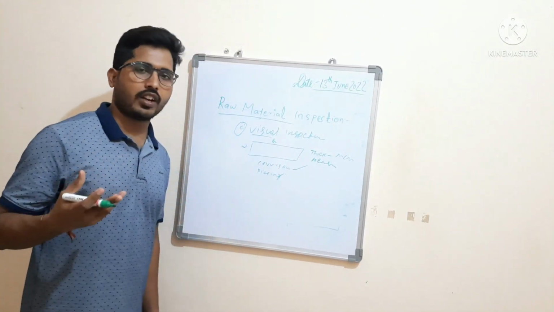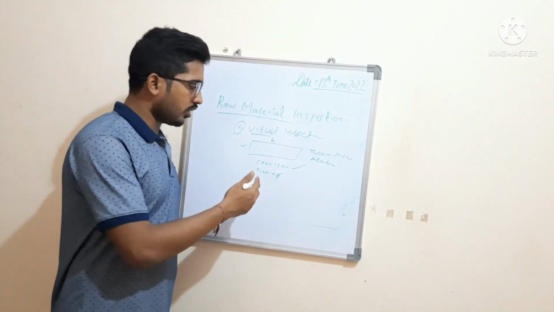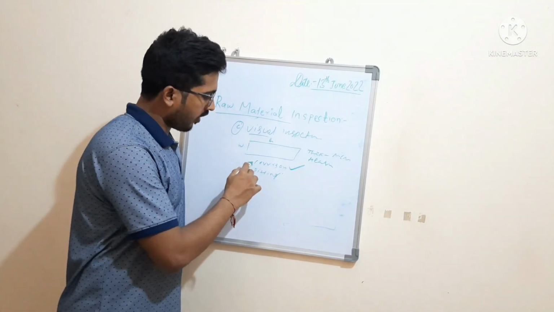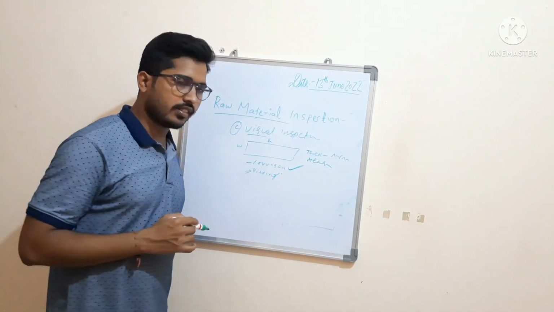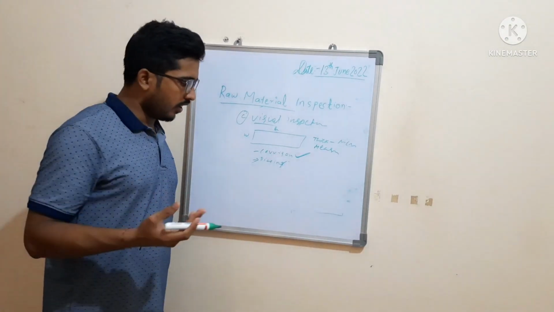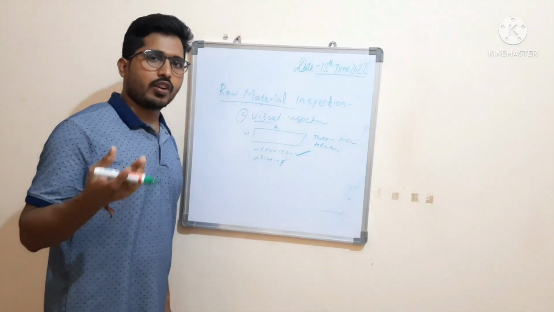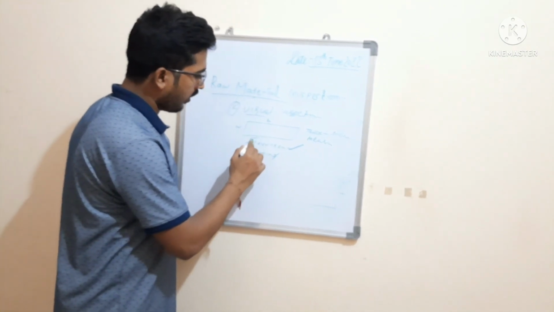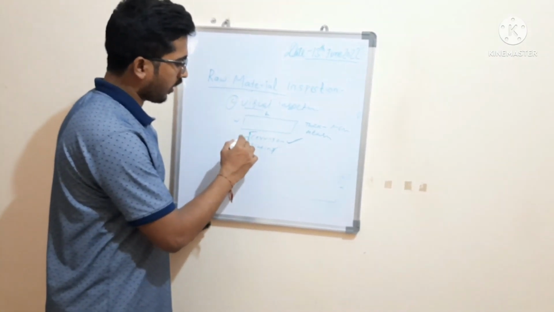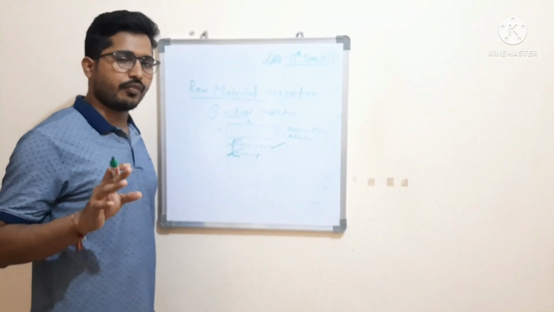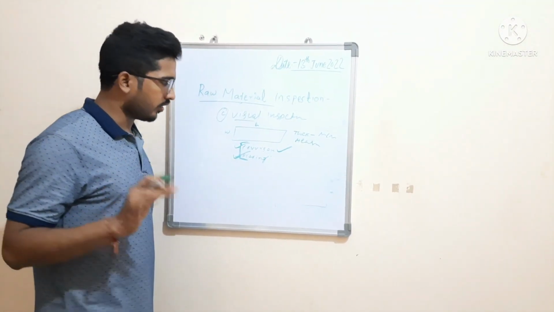If there is water logging, corrosion happens. Pitting is a localized corrosion which leads to cavities or holes on the plate. So these two things you should take care of. At visual inspection you should take care of corrosion and pitting. There should not be any corrosion and pitting on the surface of the plate.